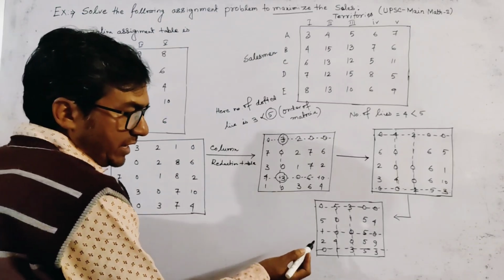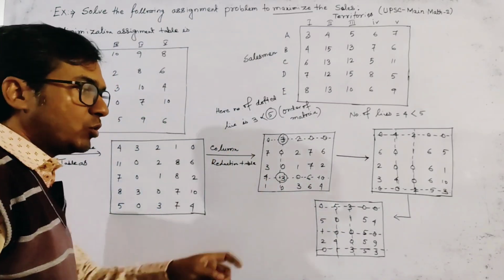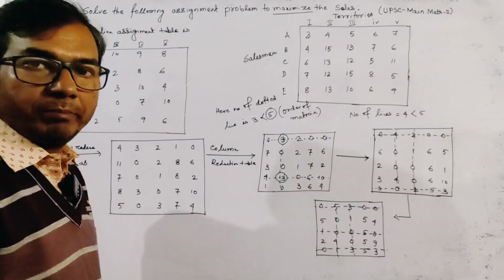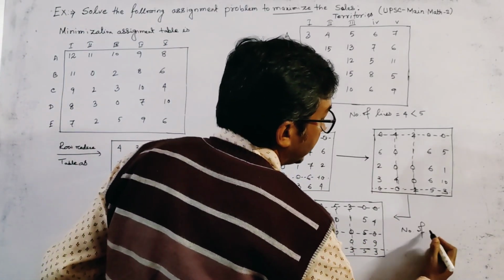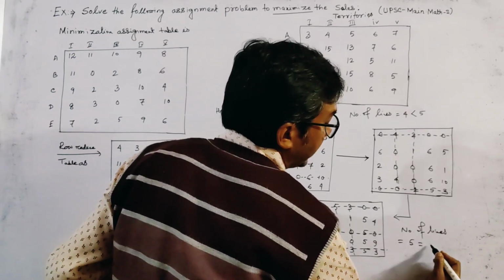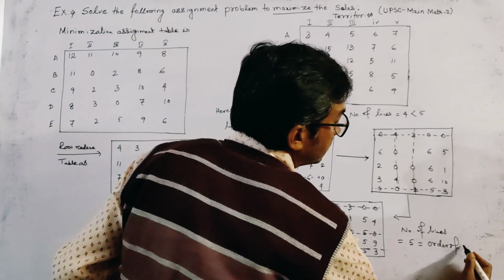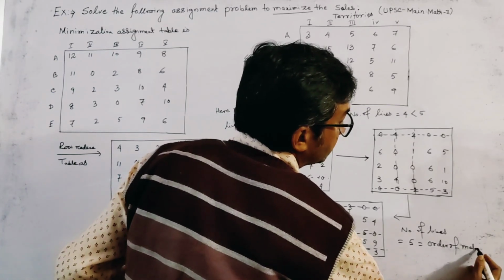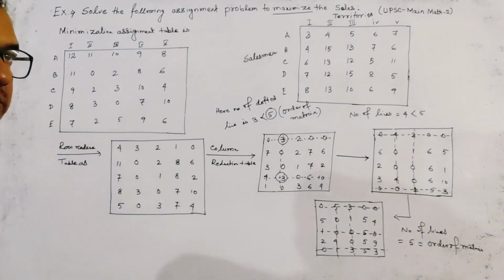And it is clear that there are 1, 2, 3 horizontal lines and 2 vertical lines. So the number of lines is equal to 5, and this is equal to the order of the matrix. So we reach the optimal stage.